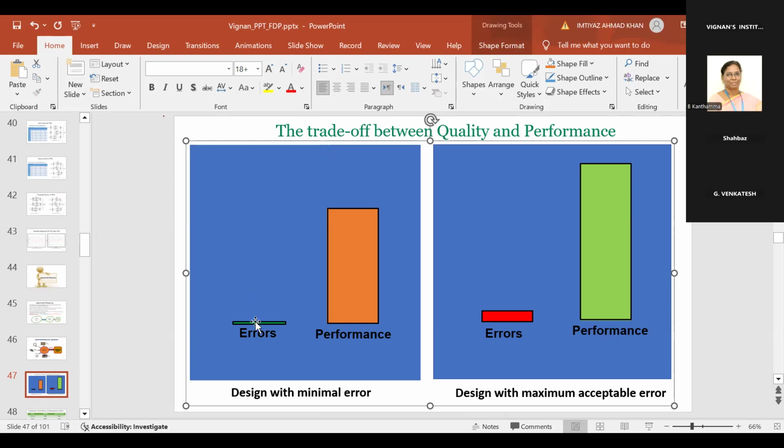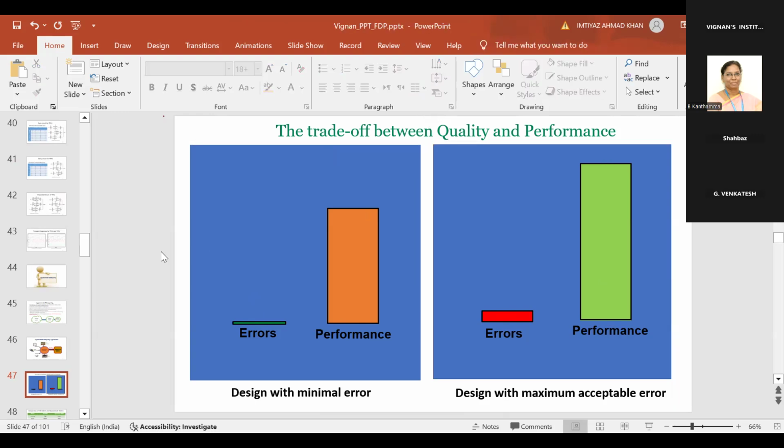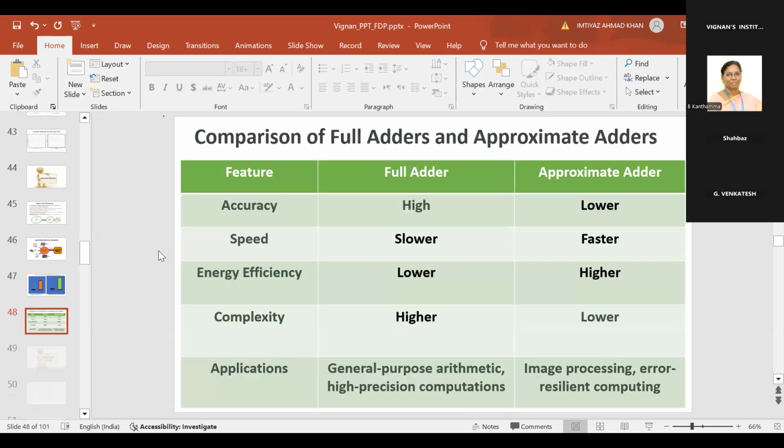Here is error and performance. If your error is very low, zero, then your accuracy is better. But if you have generated some error, say 5%, 2%, 3%, then your performance will be higher. Why? Because you have cut down complex circuits, you have cut down your critical path. That's the reason your circuit speed will be higher.